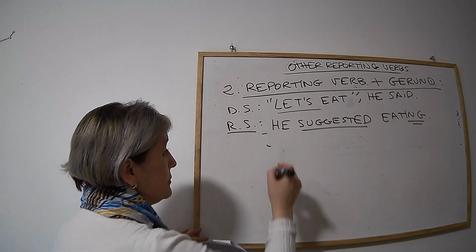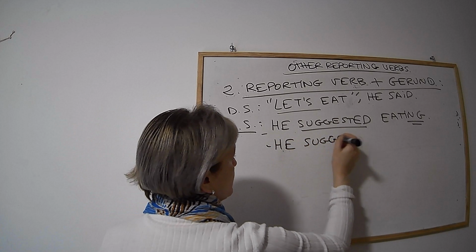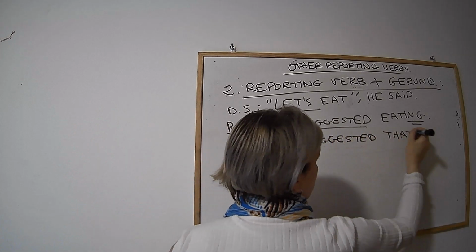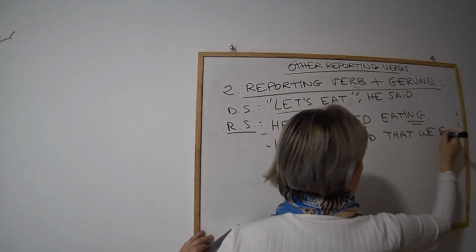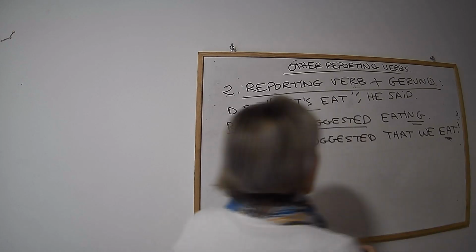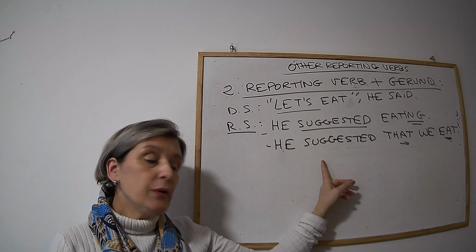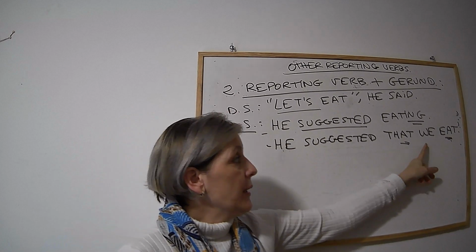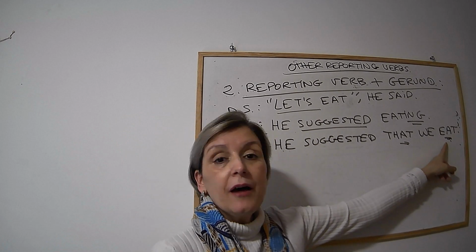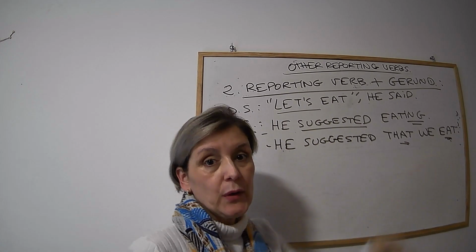For example, this other structure is also possible and is followed by that plus the complement plus a verb in the basic form, un verbo en forma base, okay?